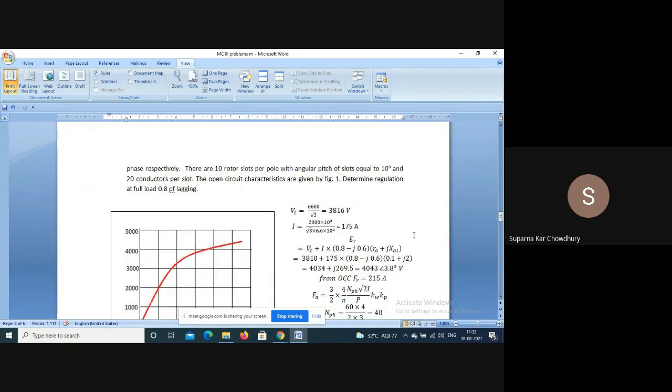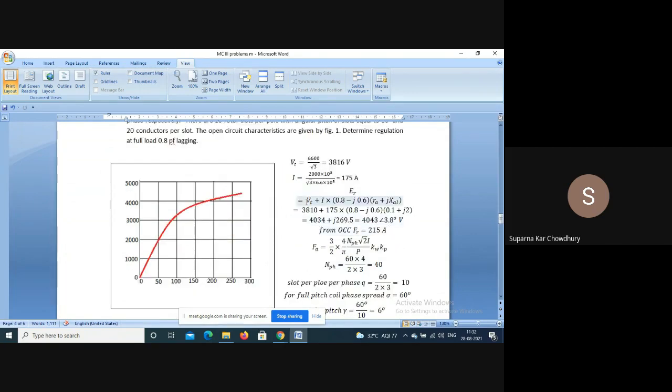So for 0.8 lagging power factor, the air gap voltage ER can be calculated as Vt plus I into 0.8 minus j0.6 into Ra plus jXAL. So putting in the values, we will get ER. This is 4043 volt per phase, angle 3.8 degree.